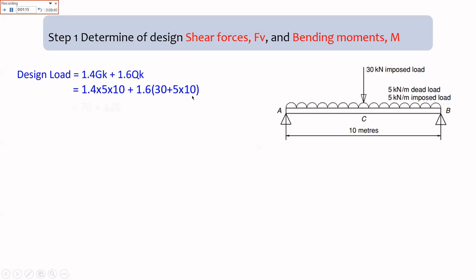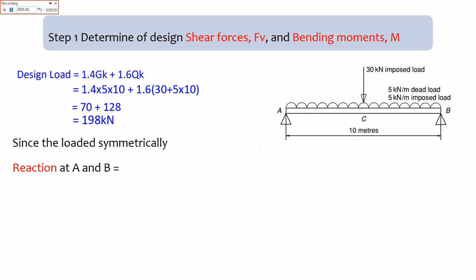If you do that, you get 70 plus 128, and you get a total downward force of 198 kN. Since this beam is loaded symmetrically, the reaction at A will be equal to the reaction at B, and it will be 198 divided by 2, which is 99 kN.